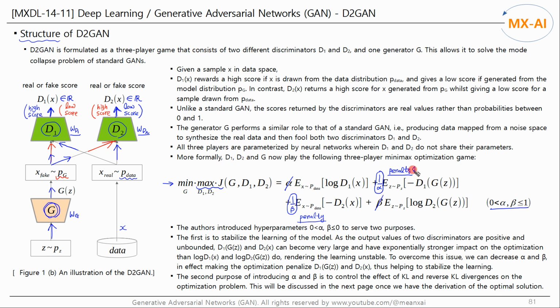Setting alpha and beta small increases the penalty, preventing D1 of G of Z and D2 of X from becoming too large. The second purpose of introducing alpha and beta is to control the effect of KL and reverse KL divergences on the optimization problem. This will be discussed in the next page once we have the derivation of the optimal solution.